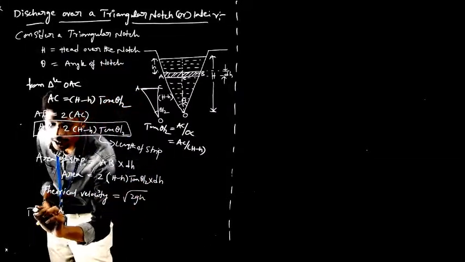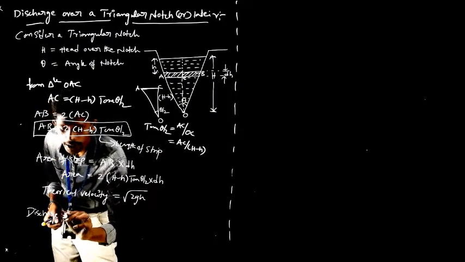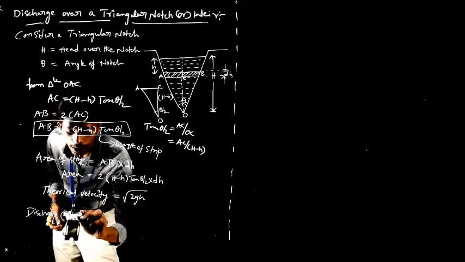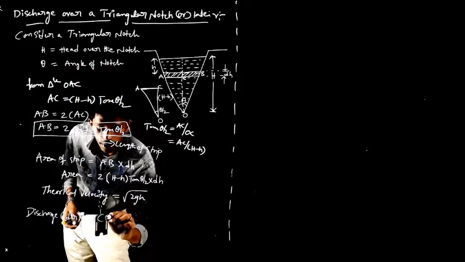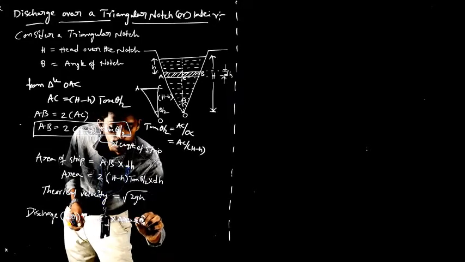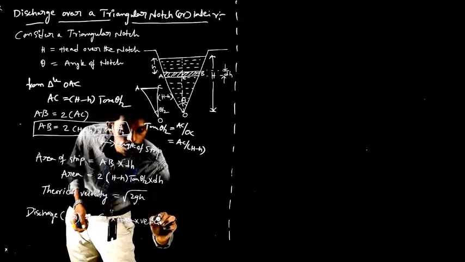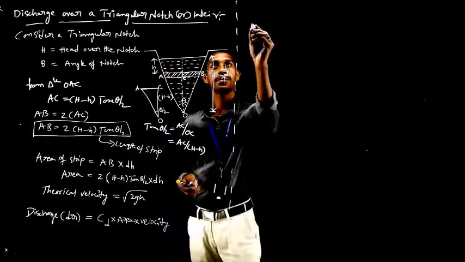The actual discharge dQ for this elementary strip will be coefficient of discharge into area into velocity. This is the expression I need to substitute.